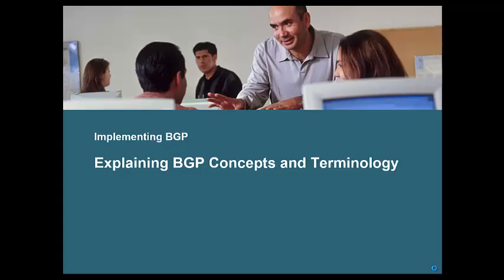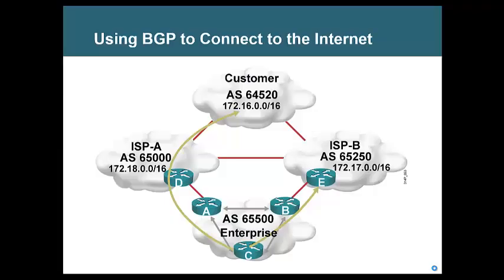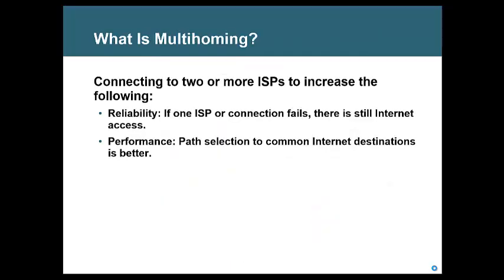And we saw the different ways in which the routes are learned using BGP in a multi-homing environment. We learned that multi-homing is when an enterprise is connecting to more than one ISP, like 2 or more ISPs.